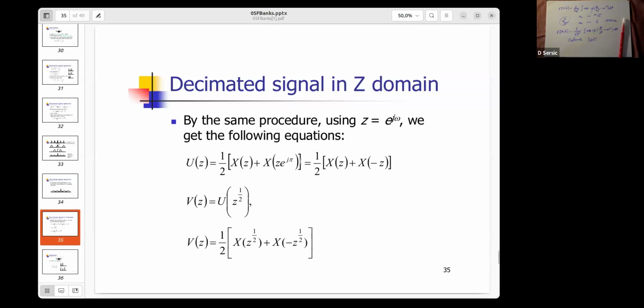E to the j pi is actually -1, so this is the well-known expression in the Z domain. And you have to apply the square root power of 1/2 to express V in the Z domain.